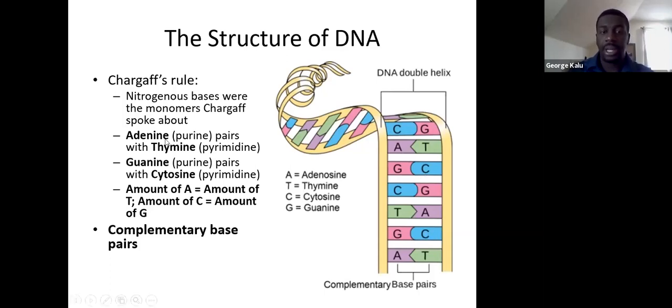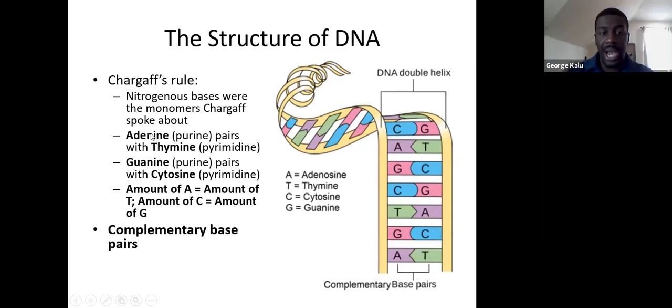An adenine, or A, is always attached to a thymine, our T's, so they're always found in pairs. Guanines on one strand of DNA are also bound to cytosines on the other strand, so they're also found in pairs. For that reason, the amount of A's and T's are always the same, and the amount of C's and G's are also the same. Those 2 sets of monomers are always found in equal amounts.